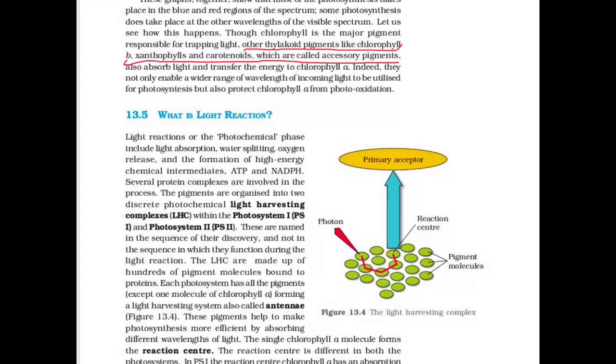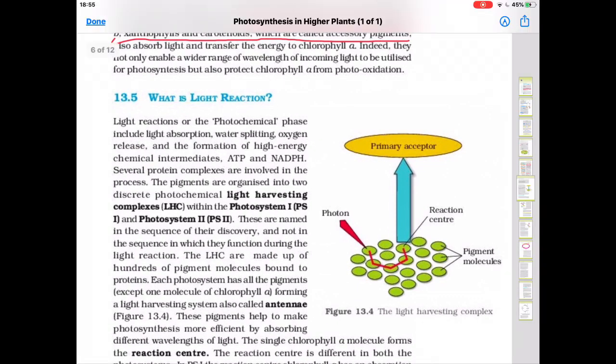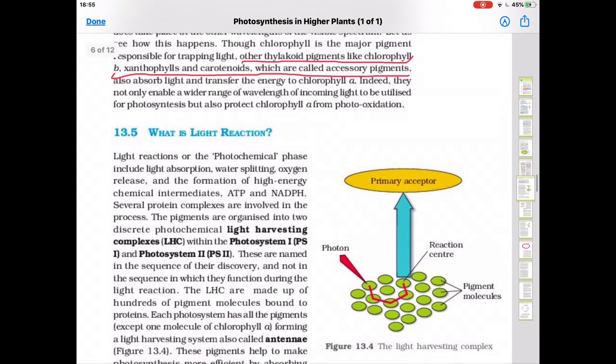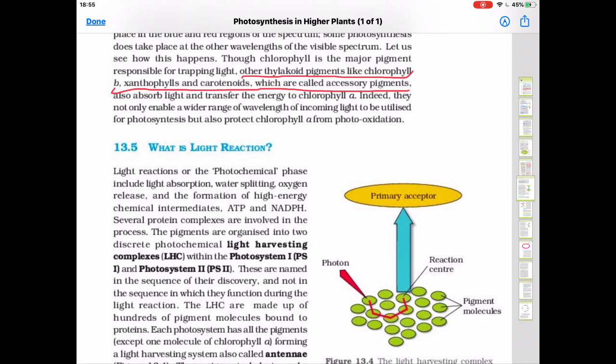Chlorophyll A is the major pigment responsible for trapping the light, but these other pigments, B, xanthophyll and carotenoids, are known as accessory pigments. These pigments are also essential because they absorb different wavelengths of light and then transfer this energy to chlorophyll A. Chlorophyll A is the major molecule. It takes all the energy from the accessory pigments also.